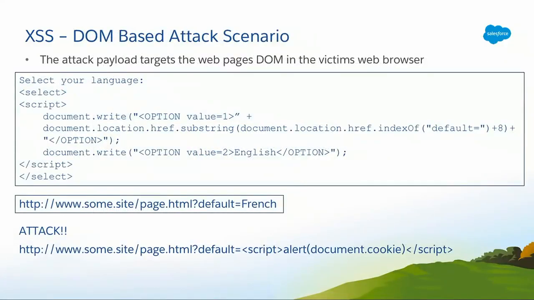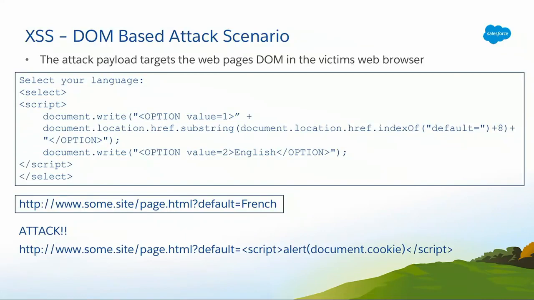A DOM-based attack scenario is kind of separate from both of these because the server's not really involved. The document object model, that's what DOM stands for, on the browser side is being manipulated to load this malicious code in after the fact, after the server has sent the page off to the browser. So in this example, we've got a URL where we're trying to allow the user to pick a language, right?